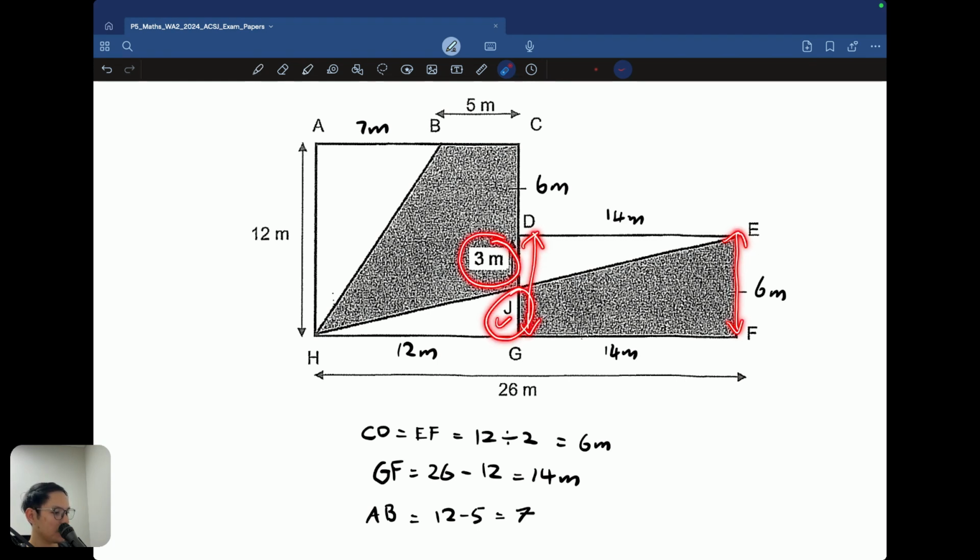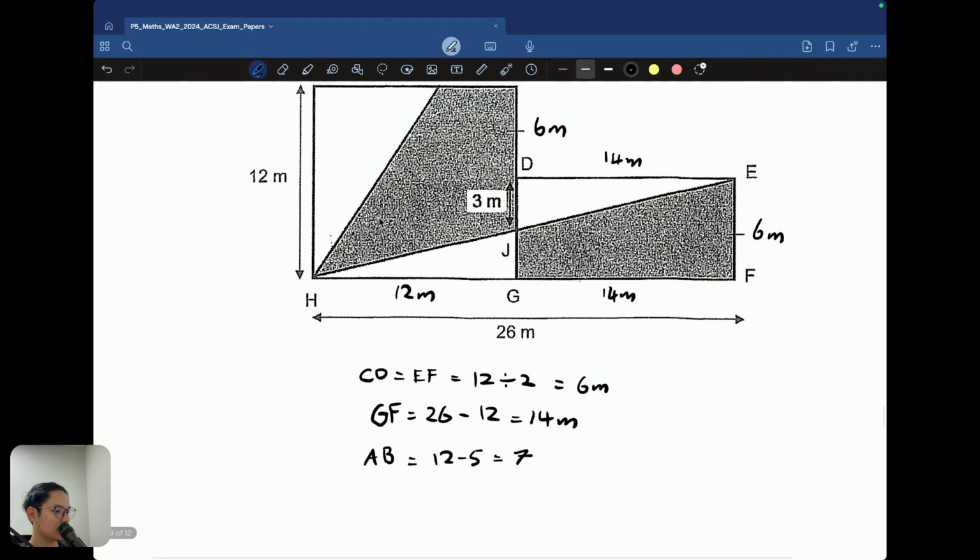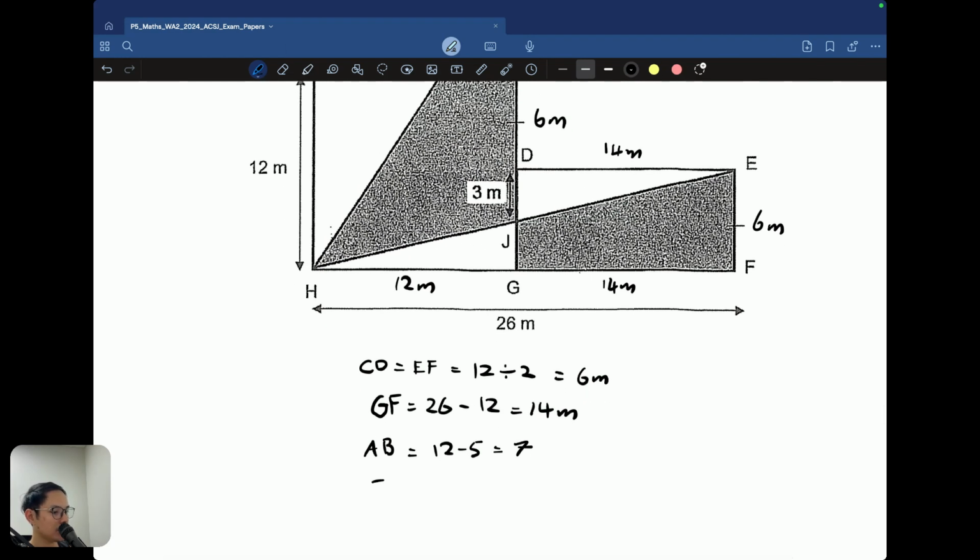So that means we can get this remaining height. So this is JG. So JG is equal to 6 minus 3, which is basically 3 meters. So we know this is also 3 meters in that sense.